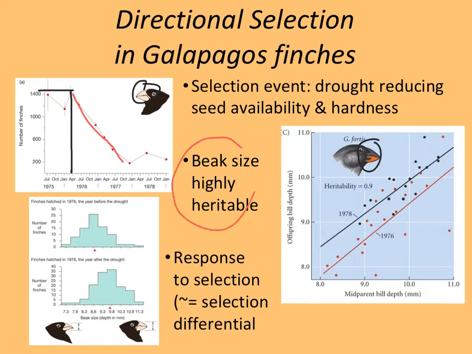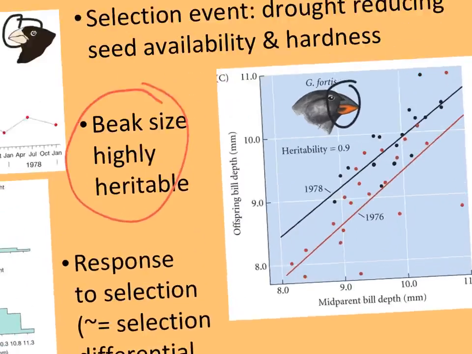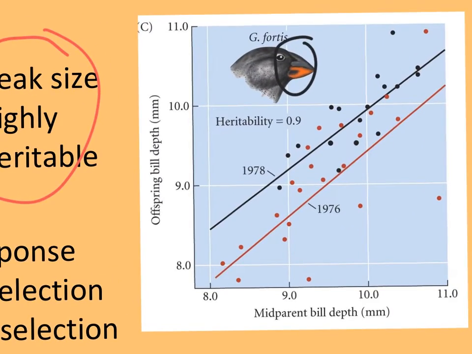Now, beak size is highly heritable. It's about 90%. So we can see that in this, where we have mid-parent bill size and we have offspring bill depth or bill size.